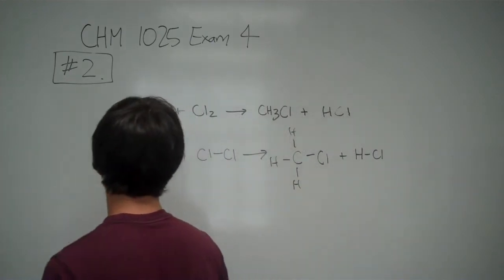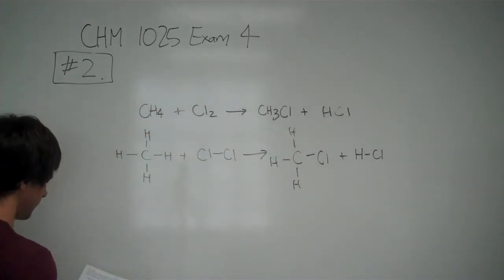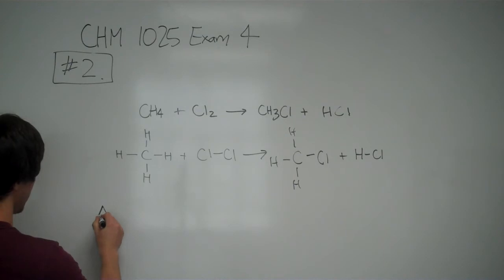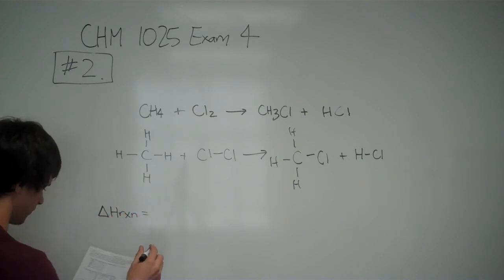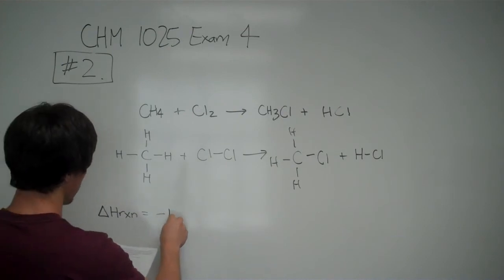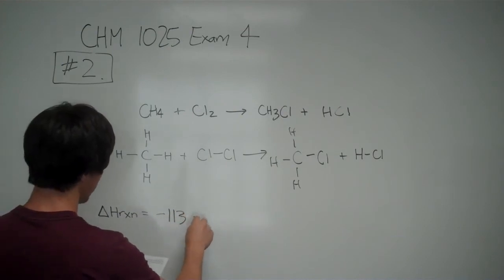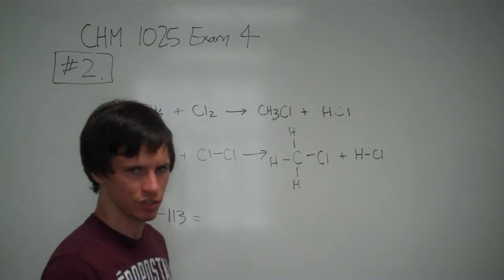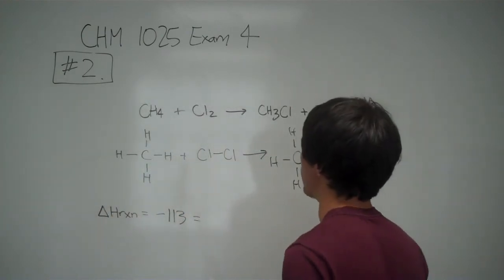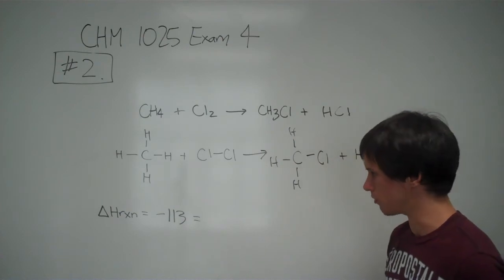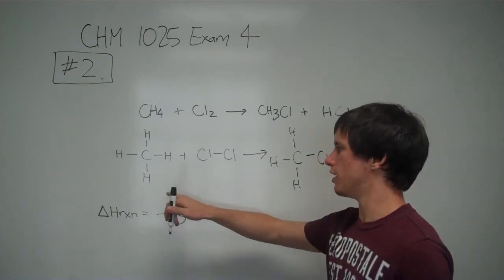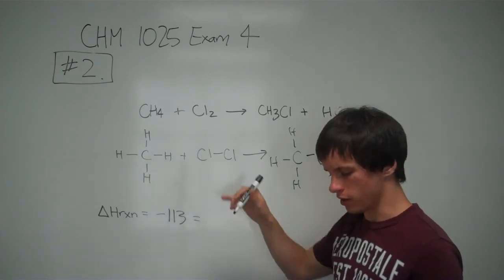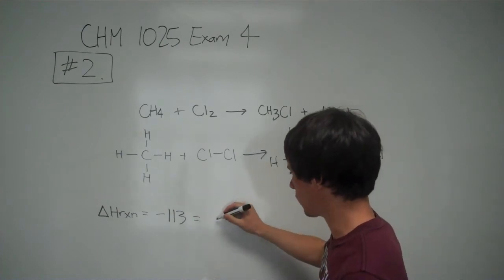Okay, so basically what's going to happen here is we have our delta H of reaction is equal to negative 113. And that's equal to all the H's of the reactant bonds minus all the H's of the product bonds. So here you see that we have 4 CH bonds, so that's going to be my first term in the equation.